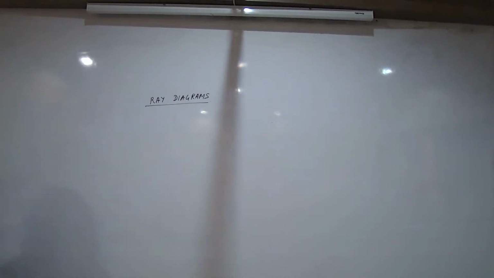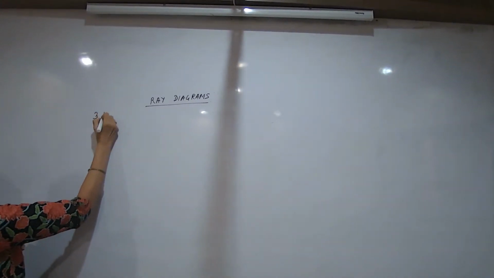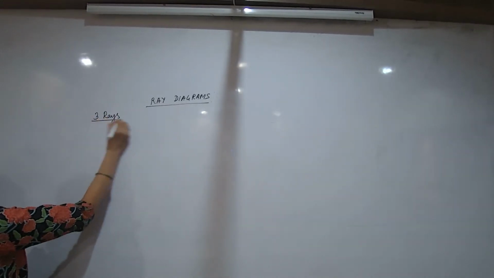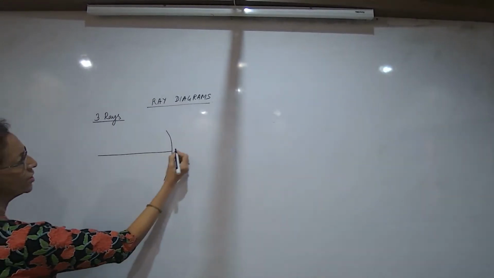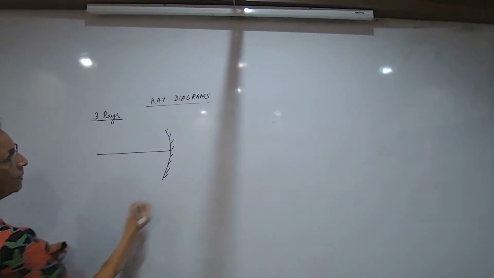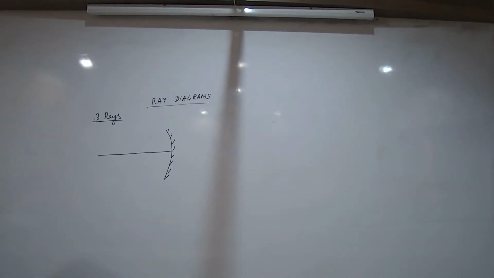Obviously we need to talk about certain rays coming from the object, and there are three of those rays which we are going to select. One is, I'll just draw a basic idea for you to understand. Now this is on your next picture, page number 138.